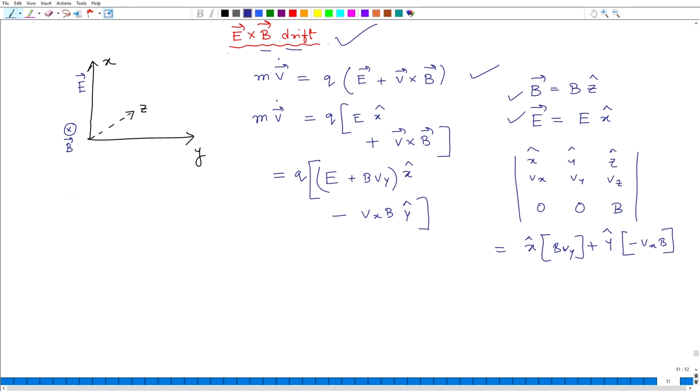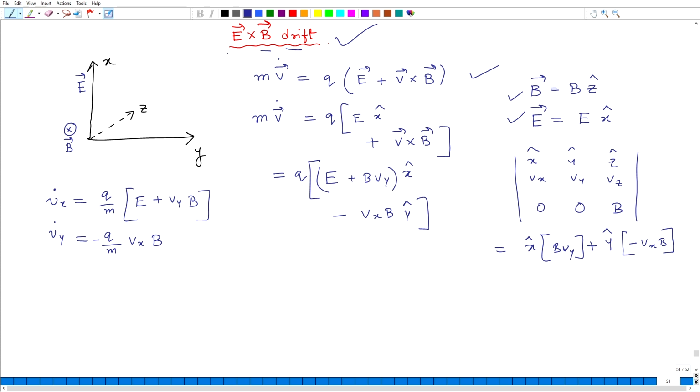Component-wise writing gives us finally v x dot is equal to q by m times (E plus v y B), and v y dot gives me simply q by m with a minus sign, v x B.